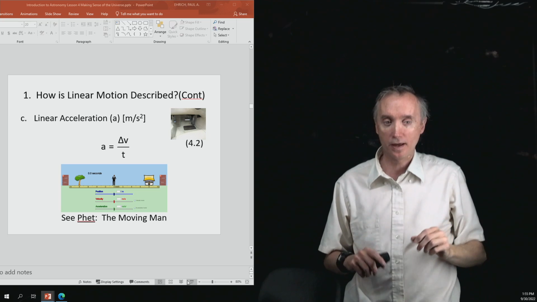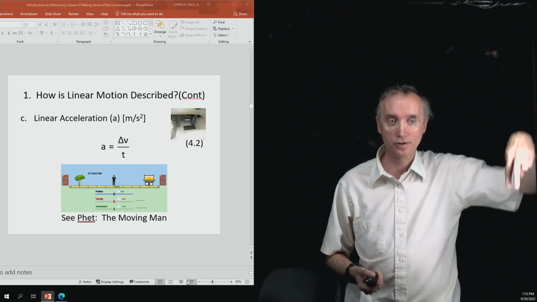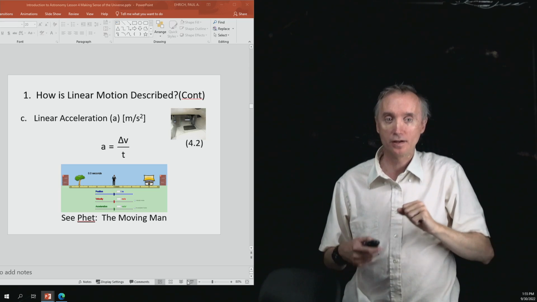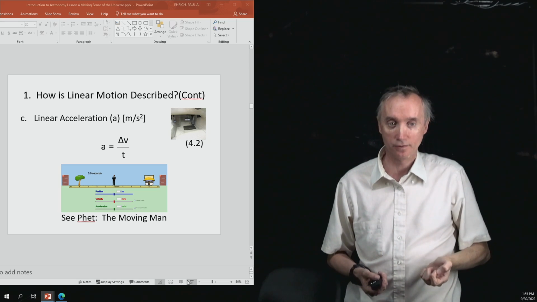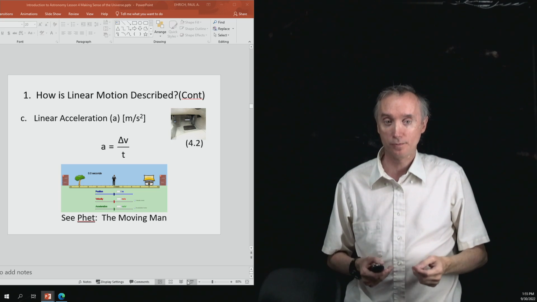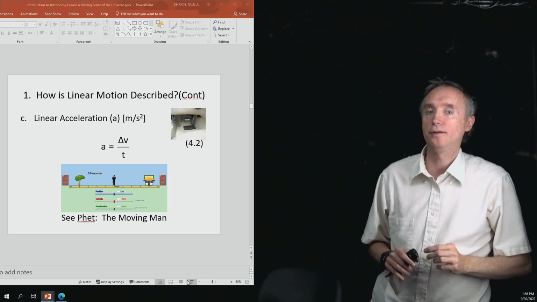On the other hand, when you gave him acceleration, did you notice that he walked faster? His speed was changing. That's what an acceleration does. Accelerations change your speed.